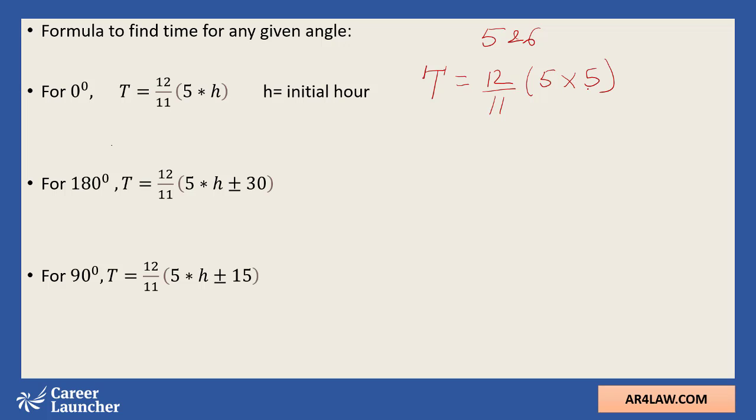So this comes to 12 into 25 by 11, and this comes to 300 by 11, and when I convert this into a mixed fraction, this comes to 27 3 by 11.